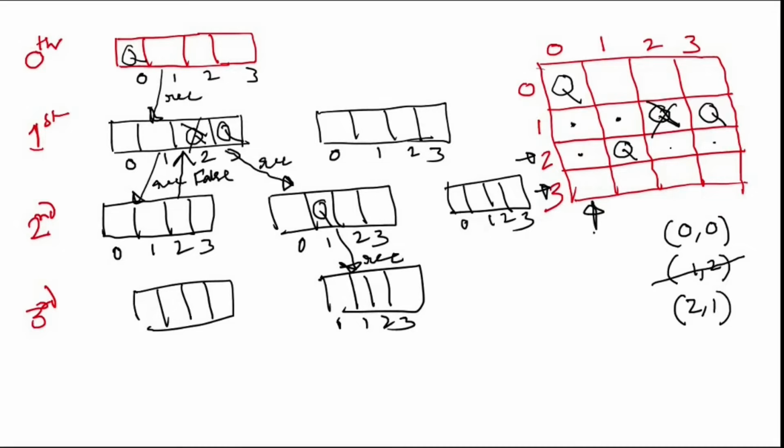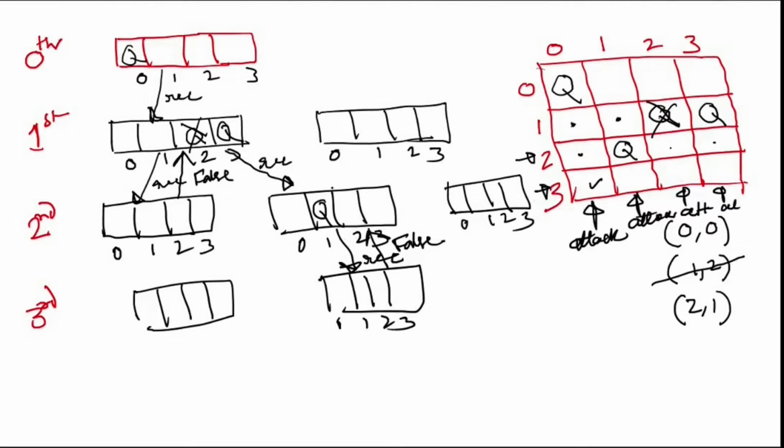This square is under attack. This square is also under attack. Similarly, this is also under attack. This is also under attack. That means the recursive call that you have made is a false call. We cannot place the fourth queen anywhere, that means the third-index queen you cannot place anywhere.